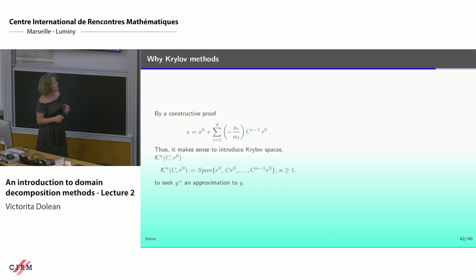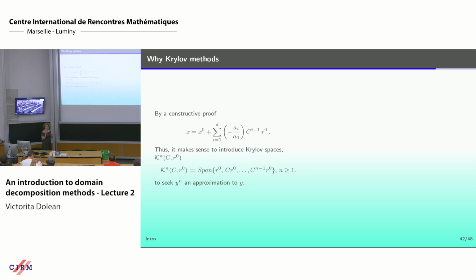So your stationary method will produce this kind of polynomial with fixed coefficients. But now it's a bit more intelligent to say, what if I take all the polynomials up to a certain degree of this matrix, but with any coefficients, and then I minimize the error at each iteration in such a way that my residual is spanned by all the polynomials of this degree? So I don't keep the coefficients fixed anymore. I allow any coefficient, and I take the best coefficient that will minimize the residual, right?